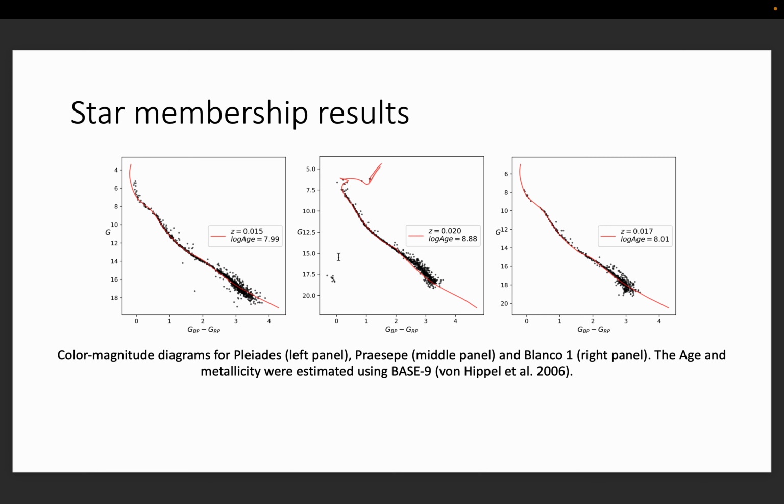We see here that in the case of the Pleiades, there are stars in this part that go away from the isochrone, maybe because it has been reported in the literature that they can be considered fast rotators, but we have to go deeper to explore this kind of behavior in these stars.